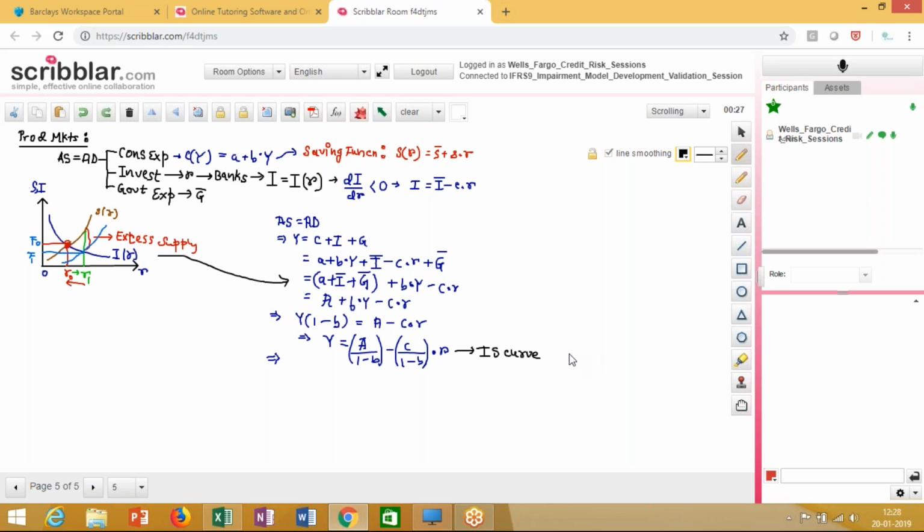One thing that you will see is that in the product market, every increase in the rate of interest will cause the output in the economy to go down.